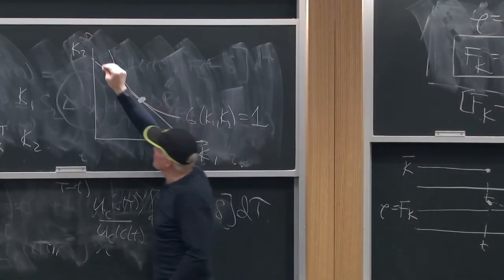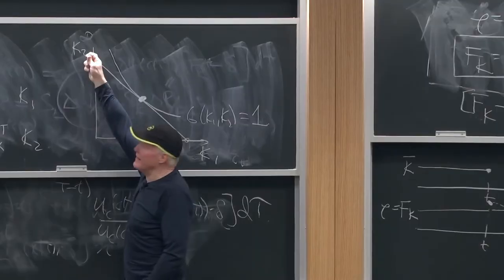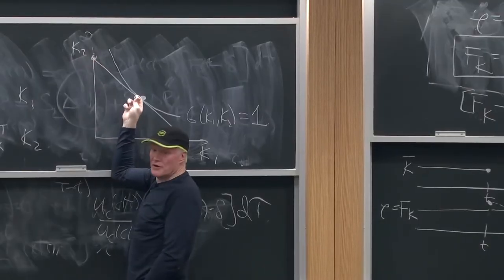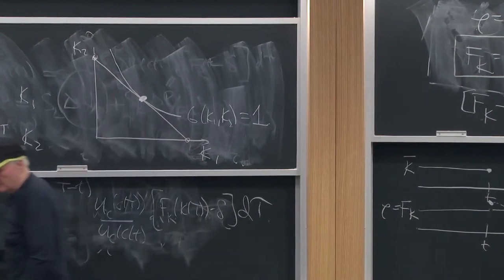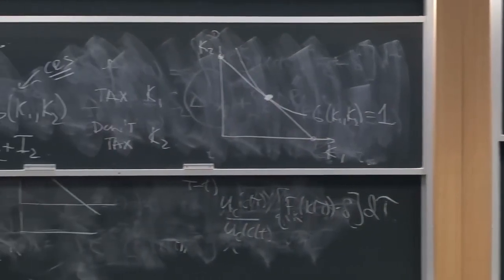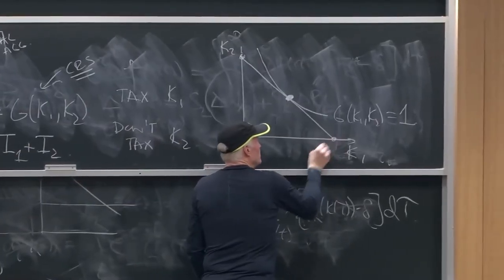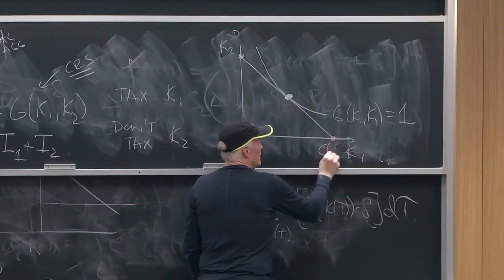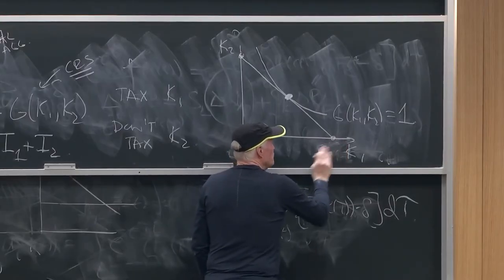Either of these would be equal to the cost of a unit, because that's how much K it takes to produce 1 unit of the capital aggregate. This is how much input it takes to produce 1 unit of capital aggregate. Okay? So this point here would be equal to the unit cost of K.